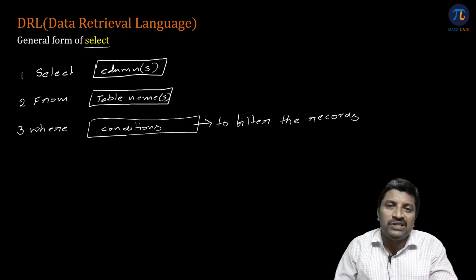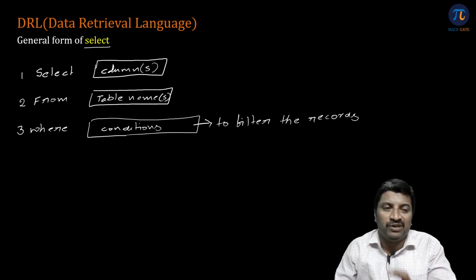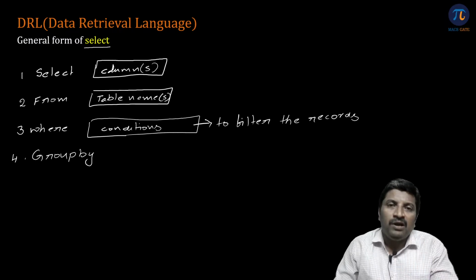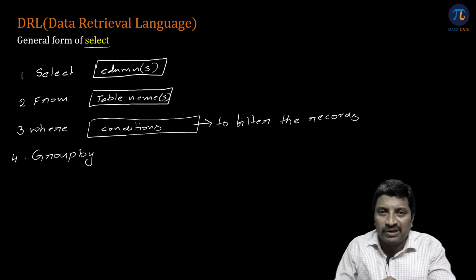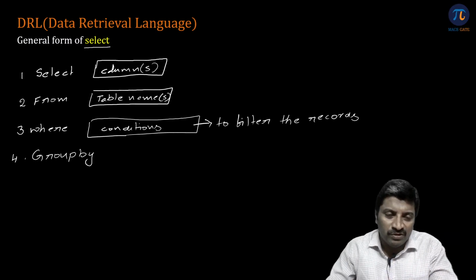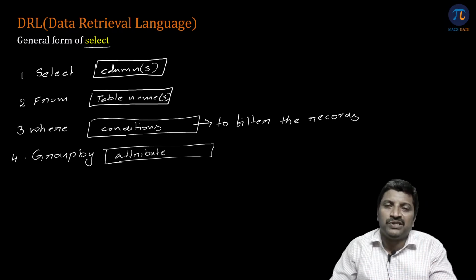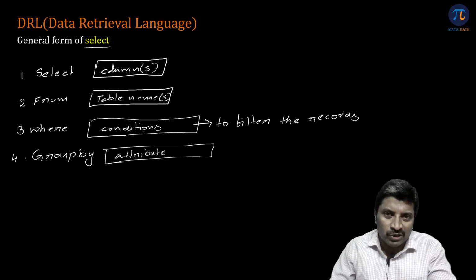In the basic form, we have mainly these three: select the attribute list from the table list where the conditions hold. In addition to this, sometimes we may need to use group by. I want to get the details of the properties, grouped by some attribute. Suppose I want the pass percentage of so-and-so college, group by departments.